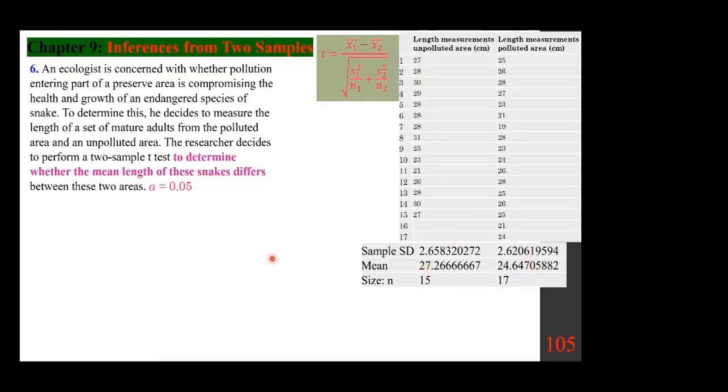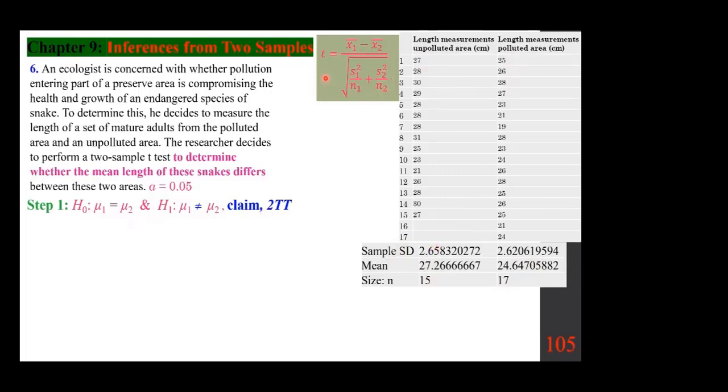But even if you do this part by technology and the rest by hand, at least it's important to understand the steps. So having said that, the first step, H0, mu sub 1 is equal to mu sub 2. H1, mu sub 1 is not equal to mu sub 2. That is the claim, that's a two-tailed test. So the two groups have different means. That's the idea behind this.